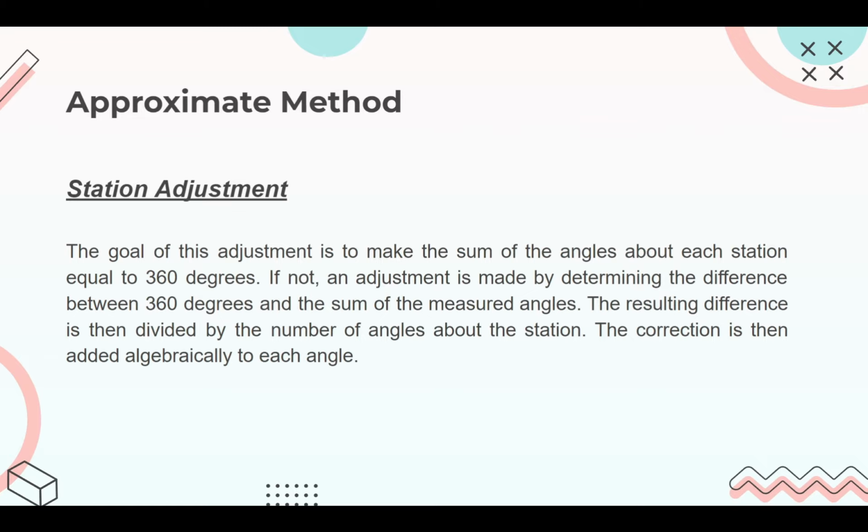If the sum is not equal to 360 degrees, an adjustment is made by determining the difference between 360 degrees and the sum of the measured angles. The resulting difference is then divided by the number of angles about the station. The correction is then added algebraically to each angle.